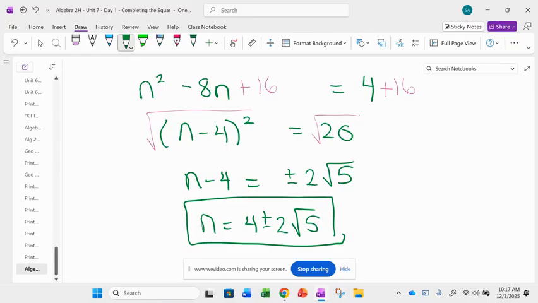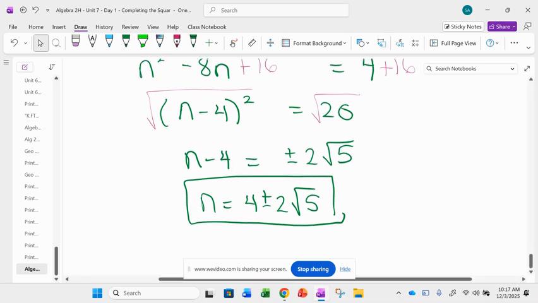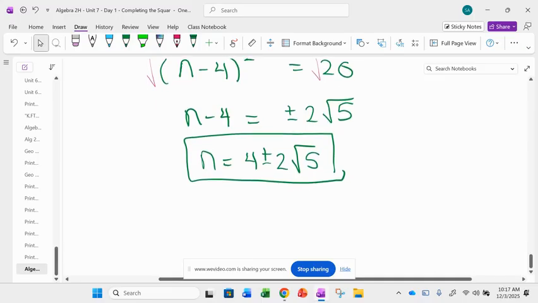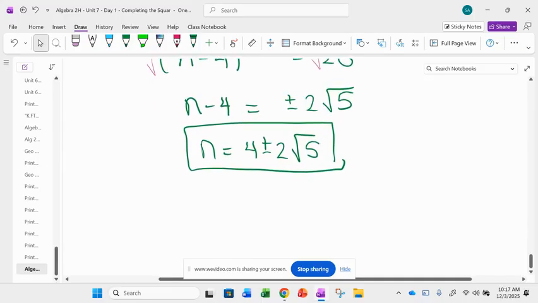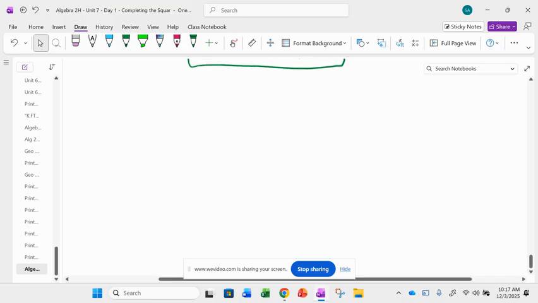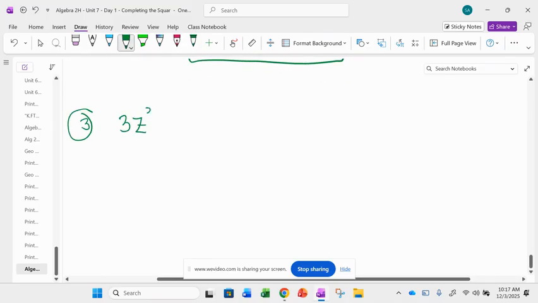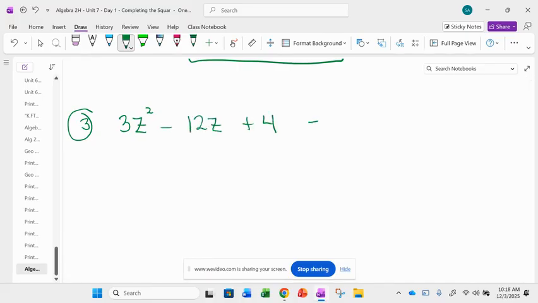All right, I'm going to have you try one on your own, and then you'll be done. Okay, try this one on your own. 3z squared minus 12z plus 4 equals 0. And you're solving by completing the square.